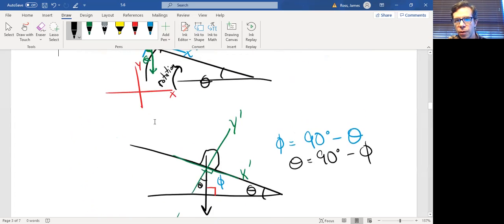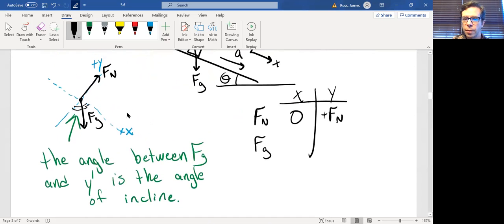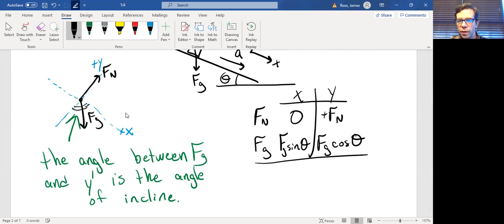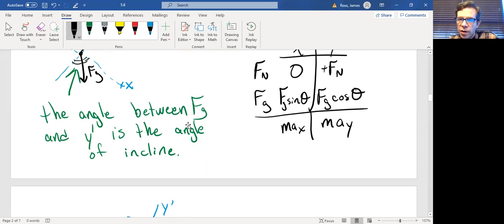So now we could go back to our chart up here. This would be F_G sine theta, F_G cosine theta. And then we could use that to form our equations of motion. In this case, in our x direction, we only have one force. In our y direction, we have two forces.